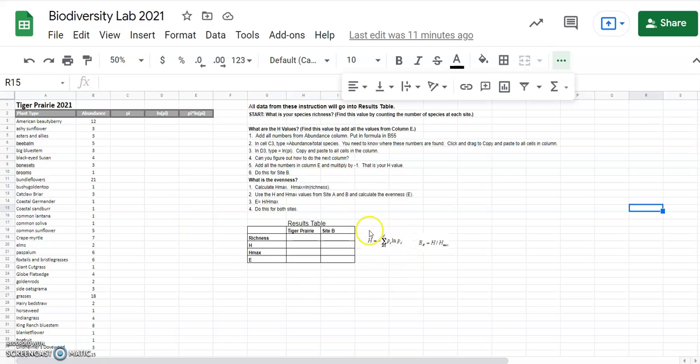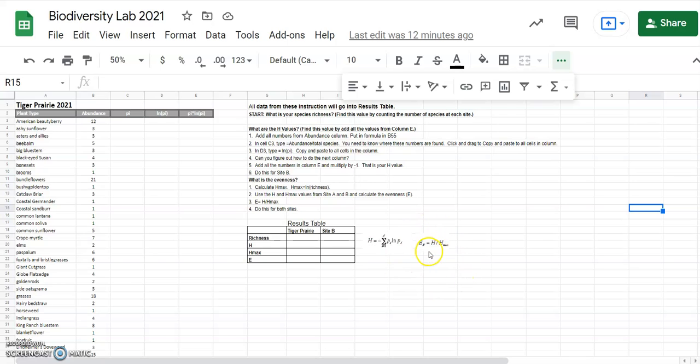Now, if you look over here, I've got this equation that looks kind of wild. H is what's called the diversity index, and it is equal to the negative sum of all of this. The higher this number is, in a range from about 1.5 to 3.5-ish, the more diverse the ecosystem. Very easy.